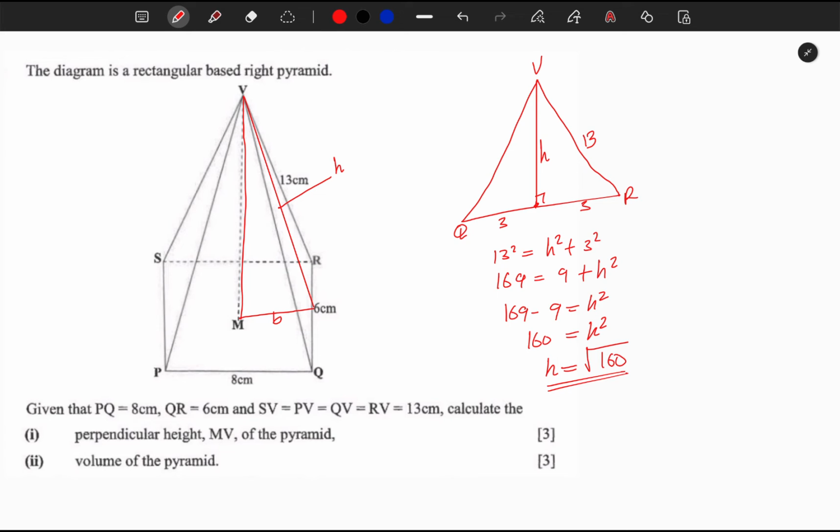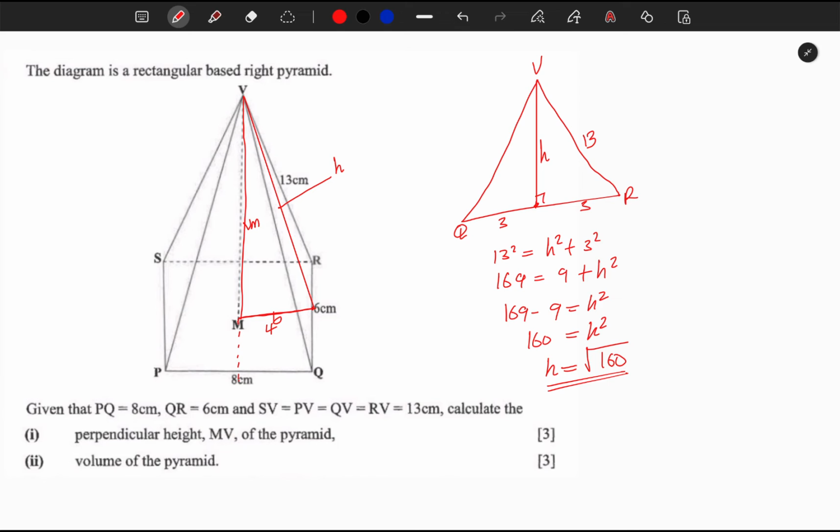Don't worry about that. It's just the height, which is just going to help us find this other one here. Now that we know what this height is, we can now find VM, knowing the fact that M to that point is just half of 8, so 4.